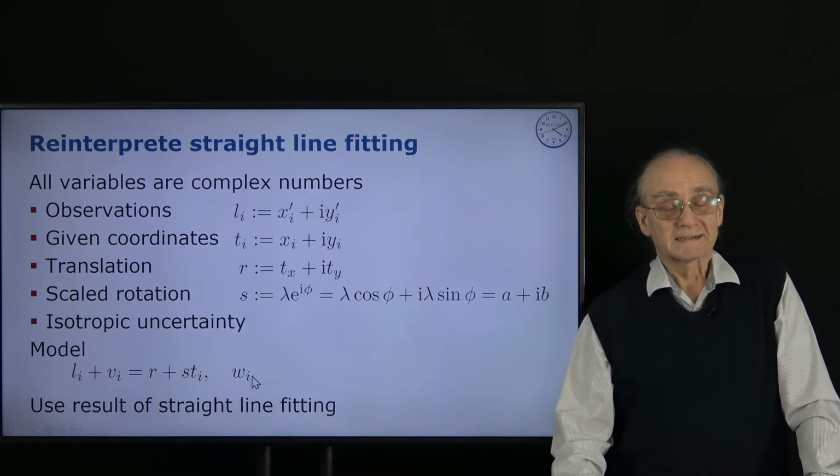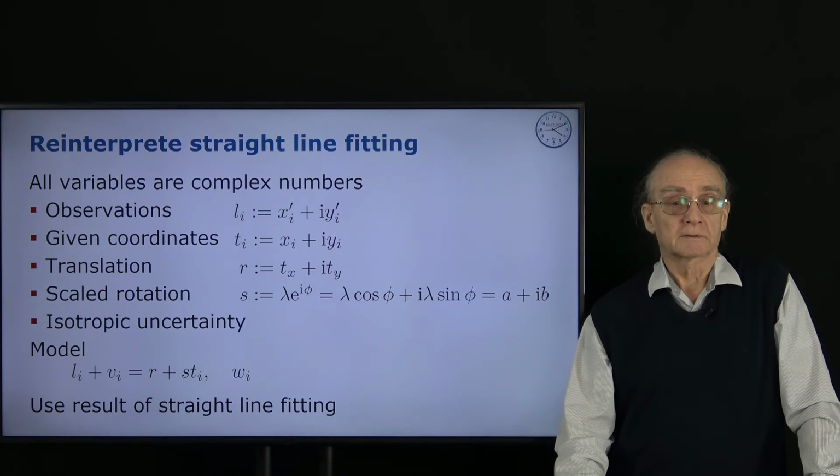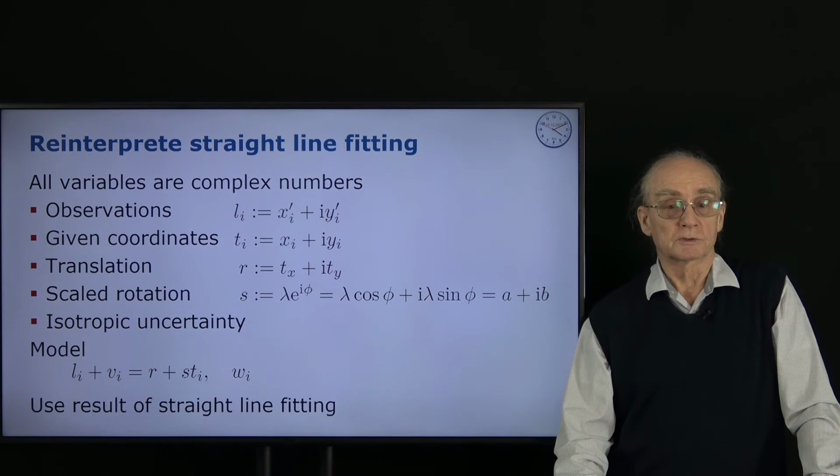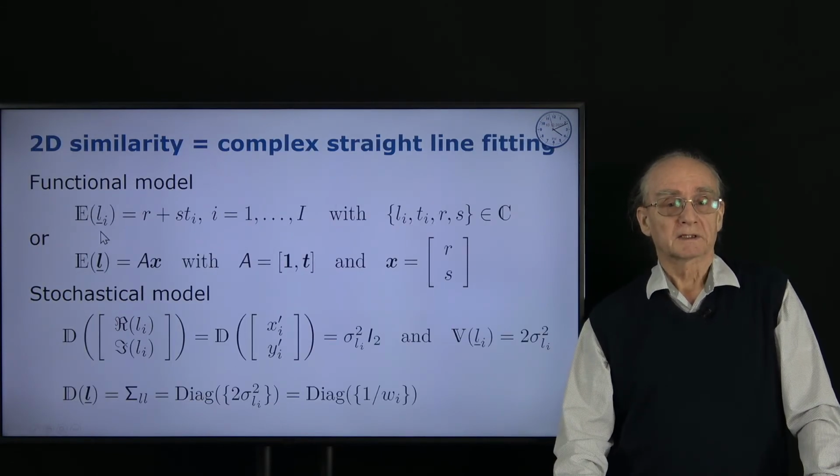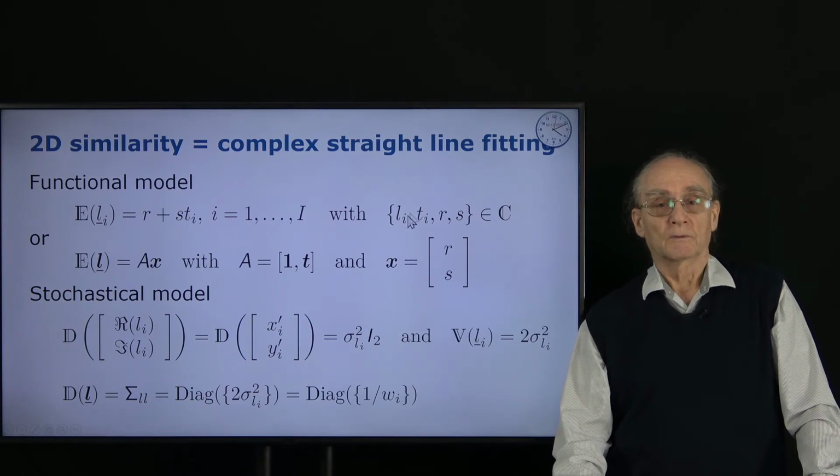Now this looks exactly like the straight line fitting, and that means we use the result which we produced before, and maybe we need to take care that at some places we have complex numbers. So the model is the expectation of L is r plus s t_i, with all these numbers being complex numbers now.